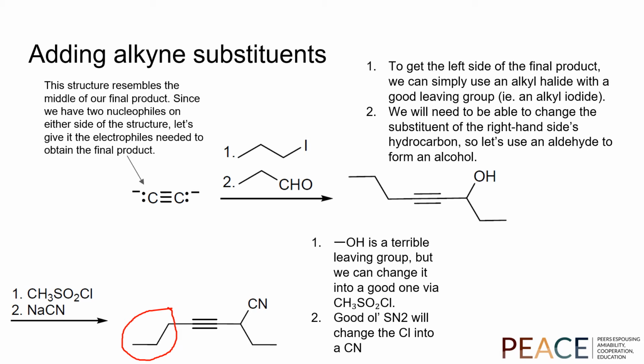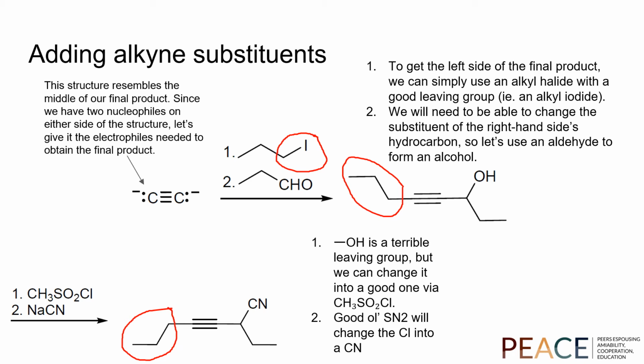So we can just involve a simple SN2 reaction with our favorite good leaving group. In this case, we can just use iodine. And that SN2 will provide us with the exact left substituent that we've seen in the final product.